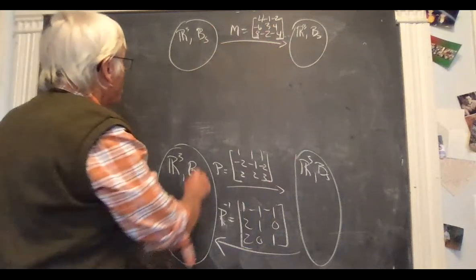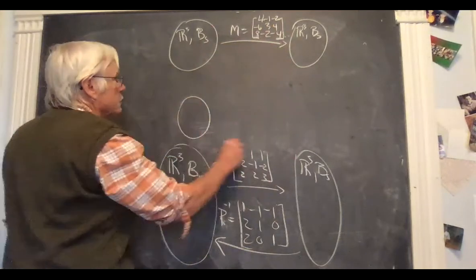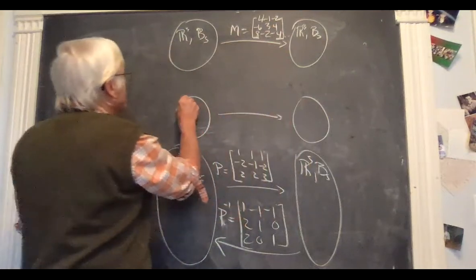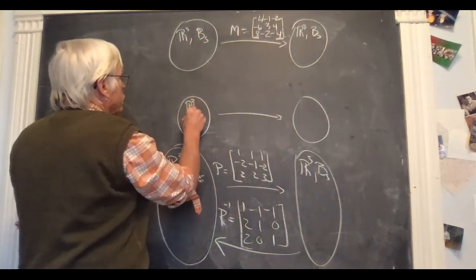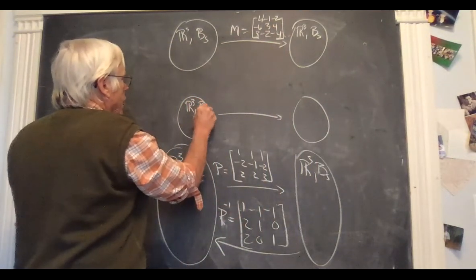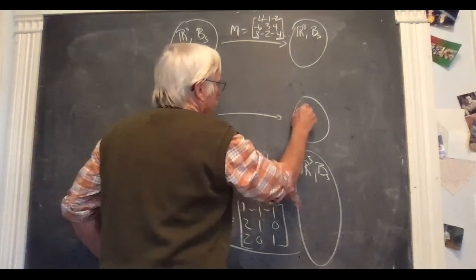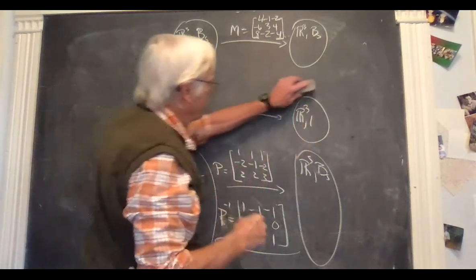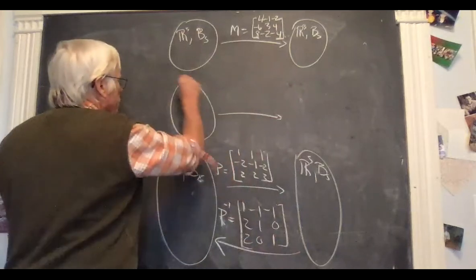And now, if we draw this same picture, the exact same transformation with the eigenvector basis. So R3 with the eigenvector basis.